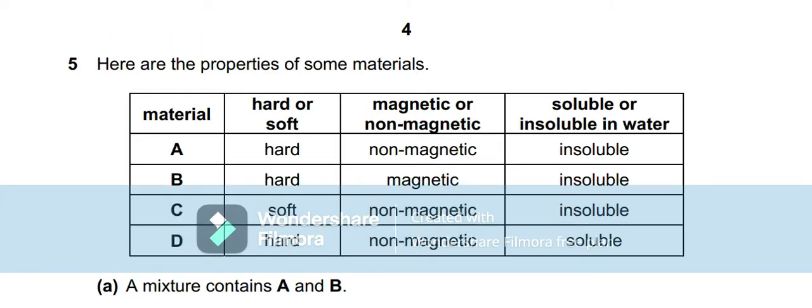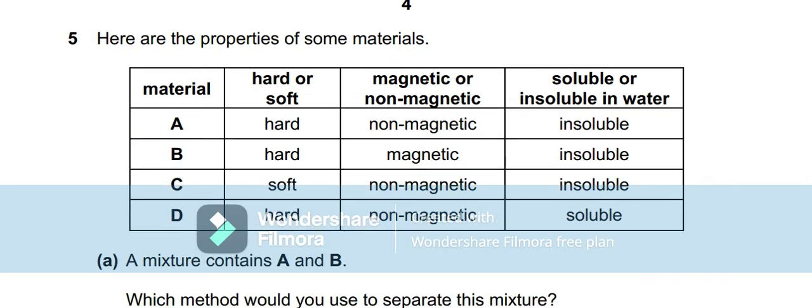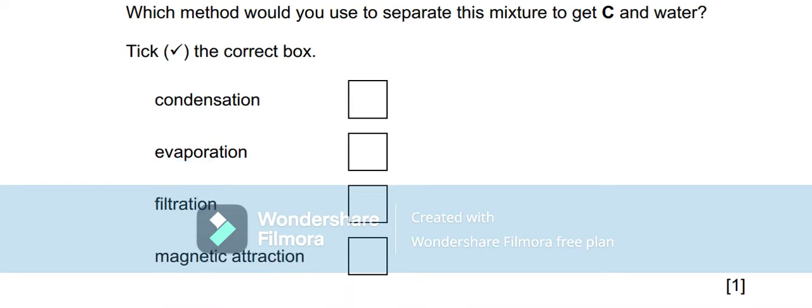C is soft. C is non-magnetic. C is insoluble. If it's insoluble, it means that C does not dissolve in water. So for us to separate C from water, we need to filter. Yes, so the correct method here is filtration.